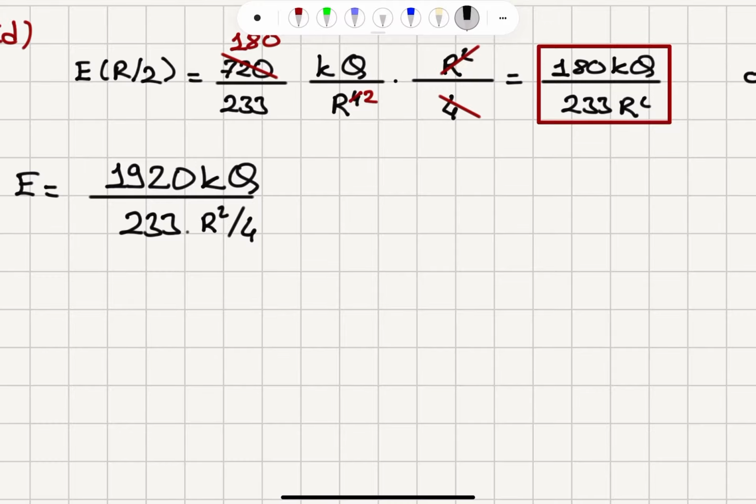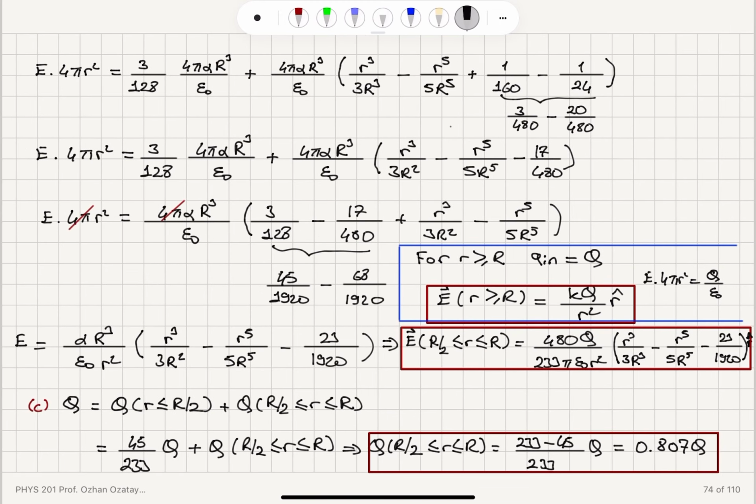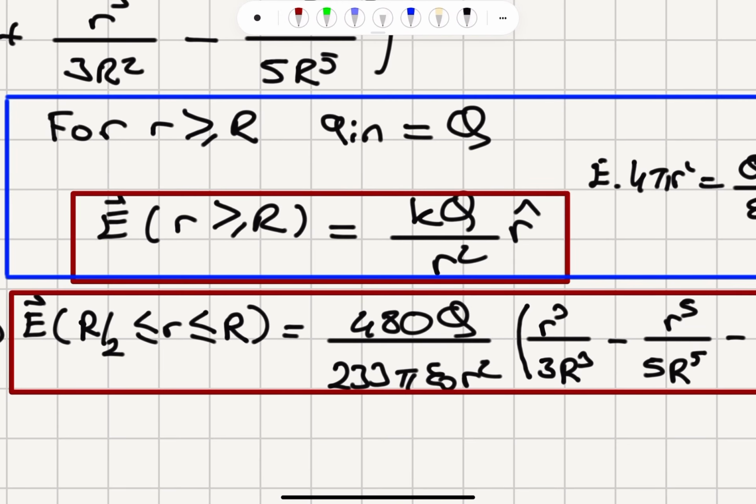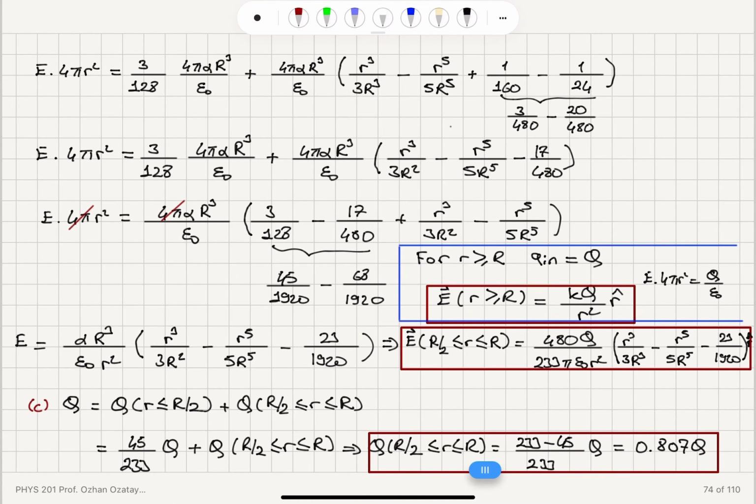The first term here is R cubed over 3 capital R cubed. Capital R over 2 cubed gives capital R cubed over 8, multiplied by 3 gives 24.